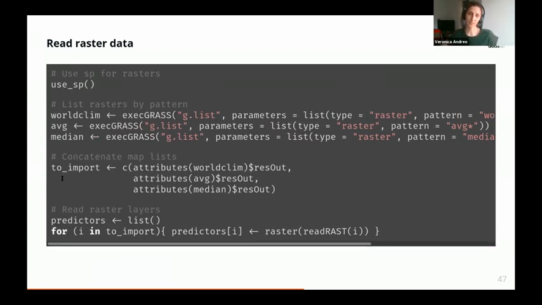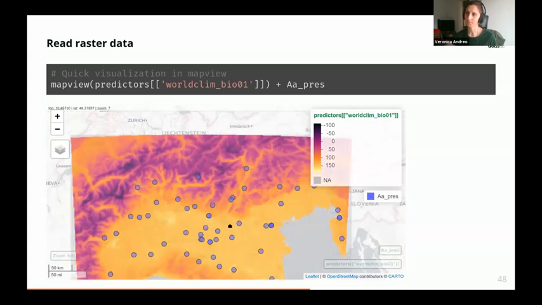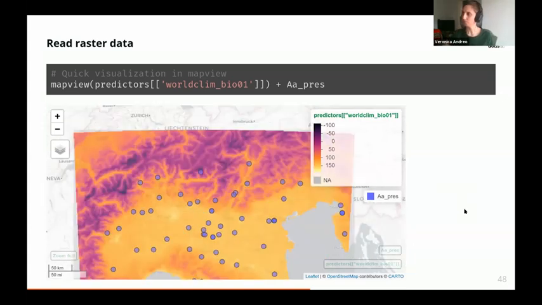We concatenate them in a string vector and we import them, okay? And while importing them, I just converted them to rasters. Otherwise, they are like spatial grid data frames or so, and I prefer the raster. And we display one of them, basically, let's say the bioclim one with mapview. So see, we are reading GRASS data within R.